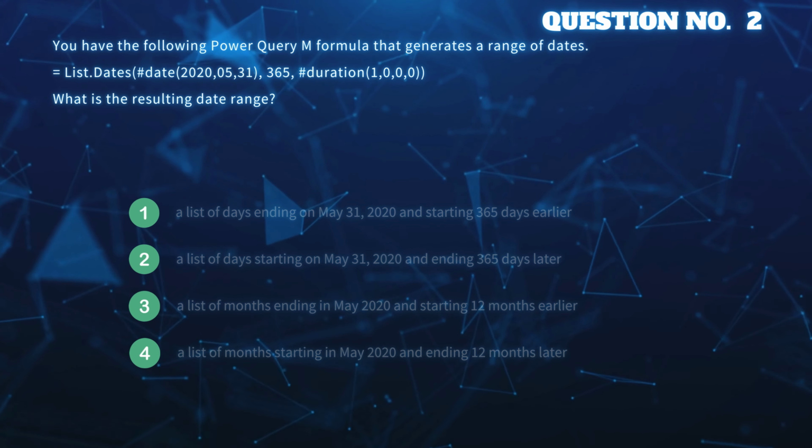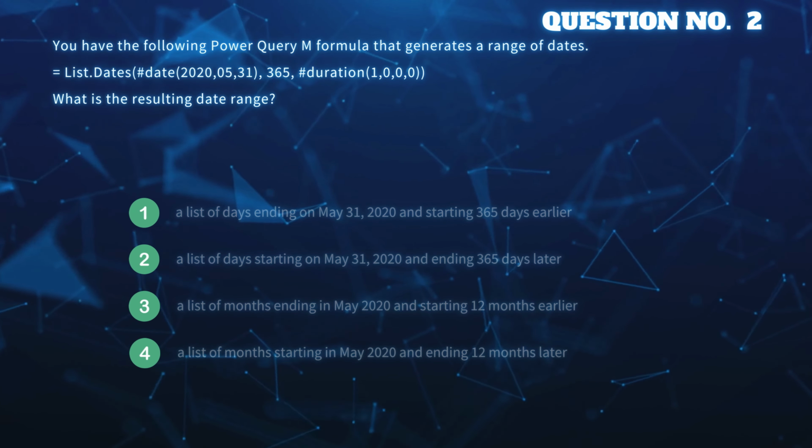You have the following Power Query M formula that generates a range of dates. Equals List.Dates, #date(2020, 05, 31), 365, #duration(1, 0, 0, 0). What is the resulting date range? Option 1. A list of days ending on May 31, 2020 and starting 365 days earlier.